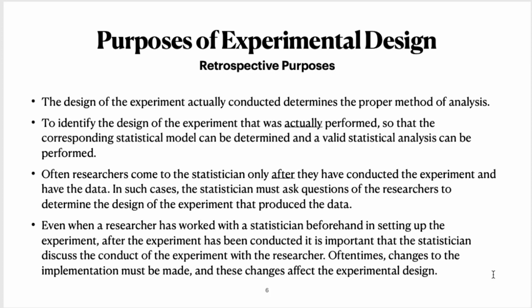Maybe it's an agronomic type of experiment, and things happen out in the field that require change. Sometimes certain aspects of the design that seemed good on paper, that seemed good when sitting in an air-conditioned office, really don't work out when you're in the field.